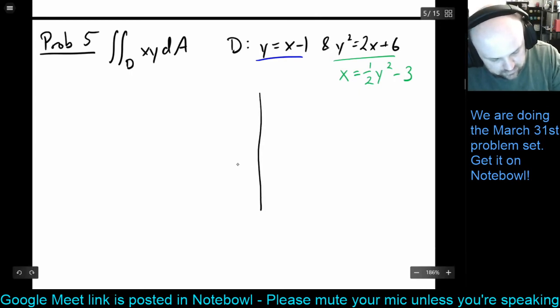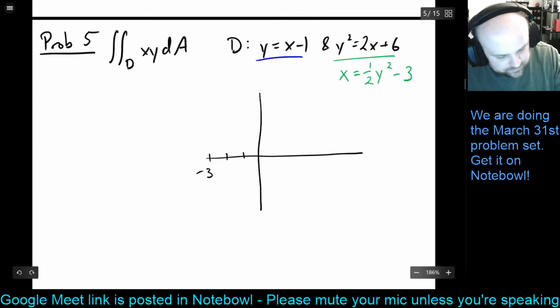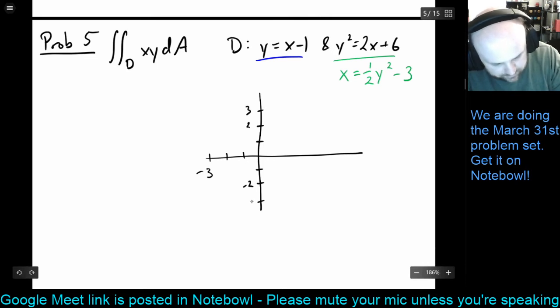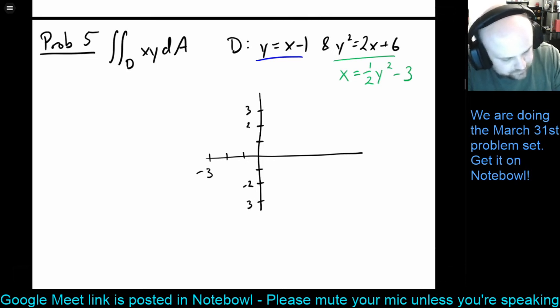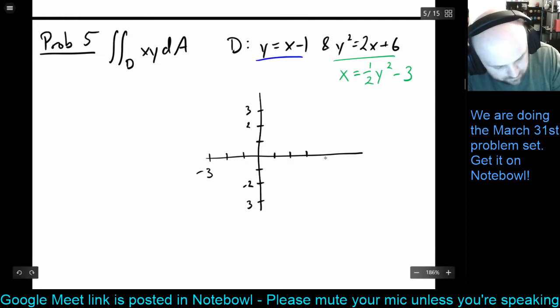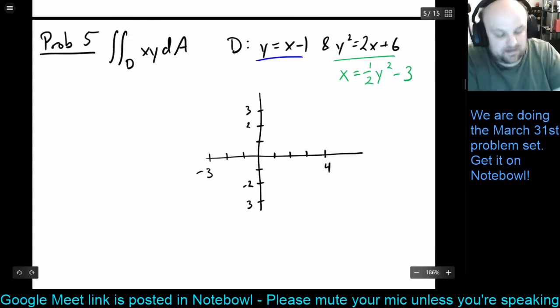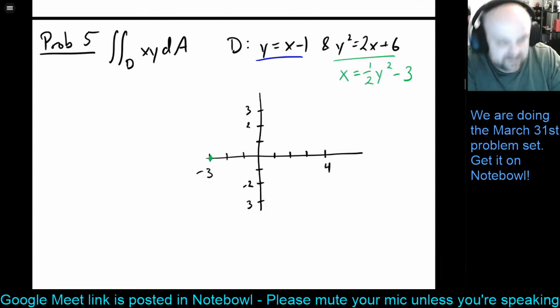So here, this parabola is going to start a bit back here at minus 3. Let's see where we get from here. All right, so let's start with this green one. This parabola starts back here at negative 3. Let's plug in y equals 2, just so we get a nice number.